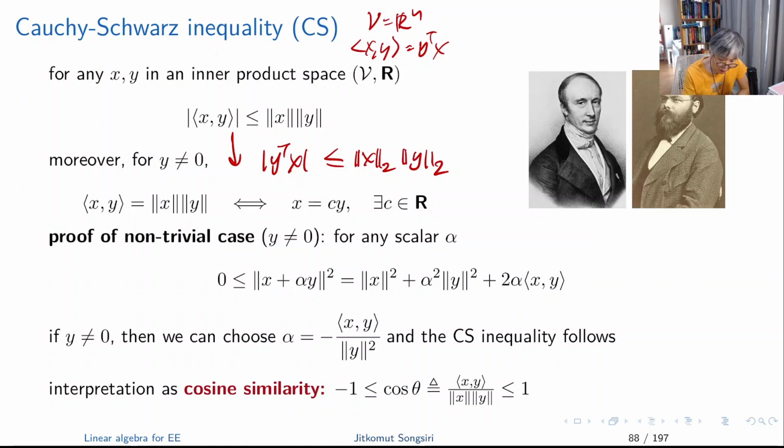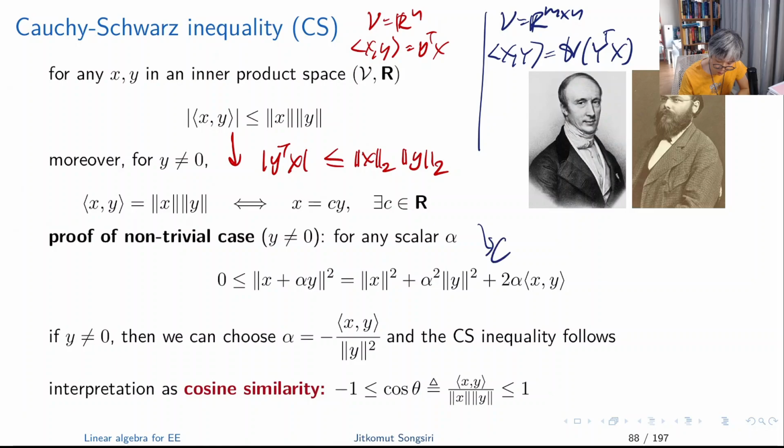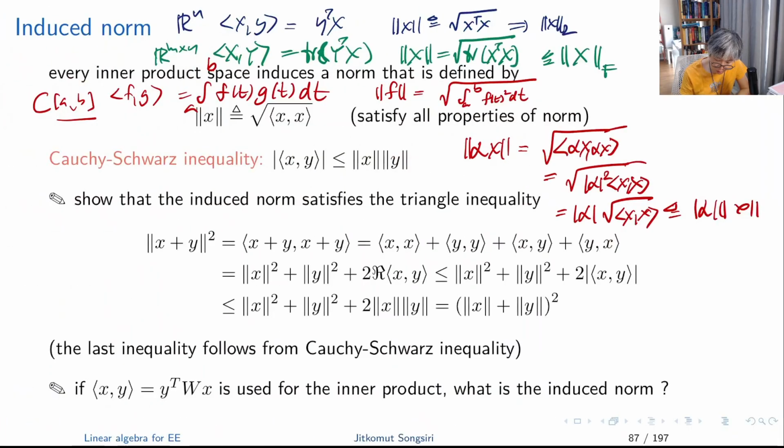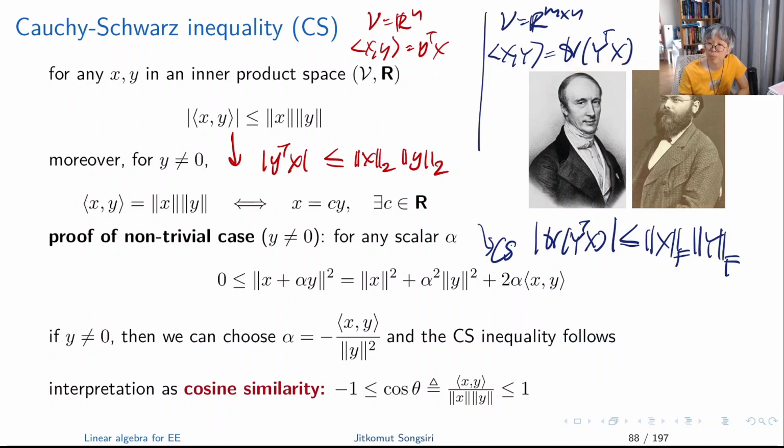Or if I apply Cauchy-Schwarz on the space of rectangular matrices, if I use the conventional inner product again, this Cauchy-Schwarz inequality says that the absolute value of the trace of y transpose x is going to be less than or equal to the Frobenius norm of x times the Frobenius norm of y, because we just saw that the Frobenius norm is the induced norm from such inner product.